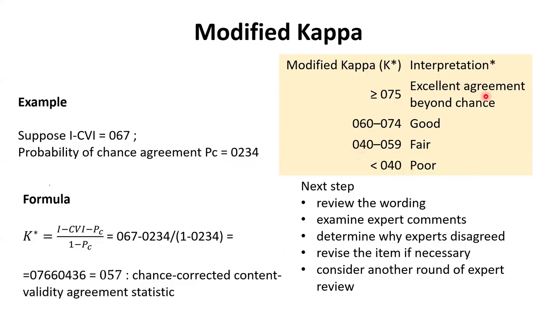Again, there are cutoffs which tell you to make an interpretation whether it is excellent, good, fair, or poor. So if you get a poor or a fair interpretation for modified kappa, you may have to review the wording or look at what the comments the experts have given and revise the questions which are there in your tool.